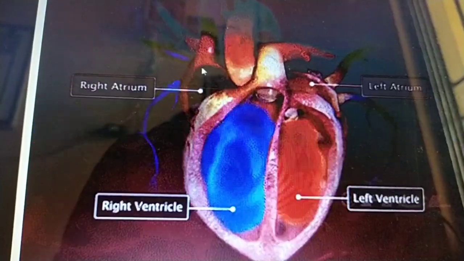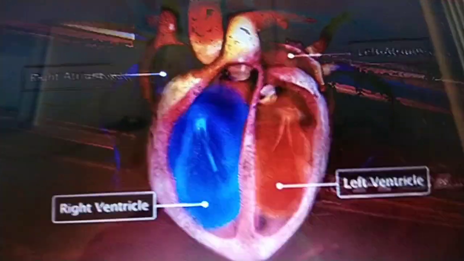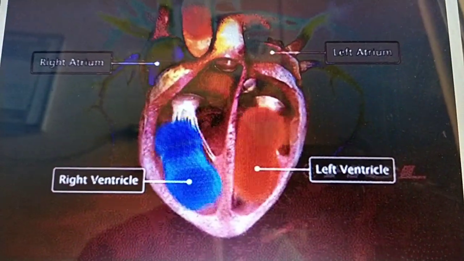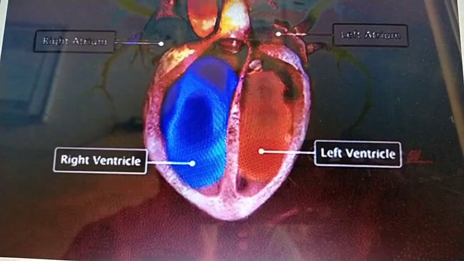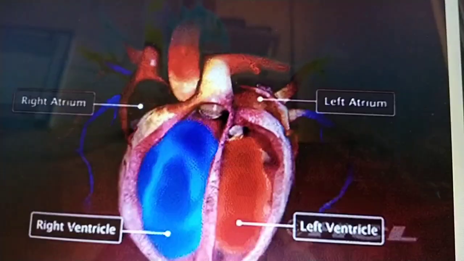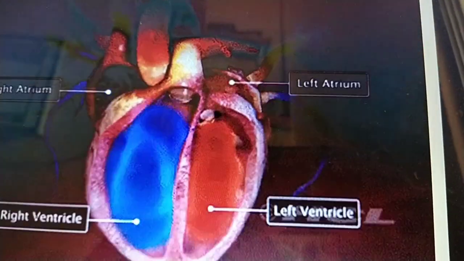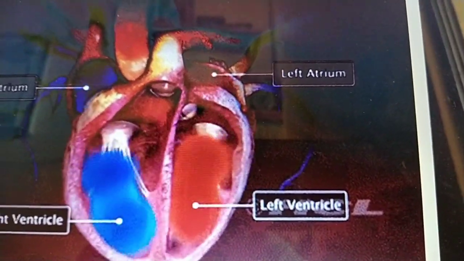Another one is these atria are receiving chambers, and ventricles are discharging chambers. Atria only receive the blood, and ventricles discharge the blood.